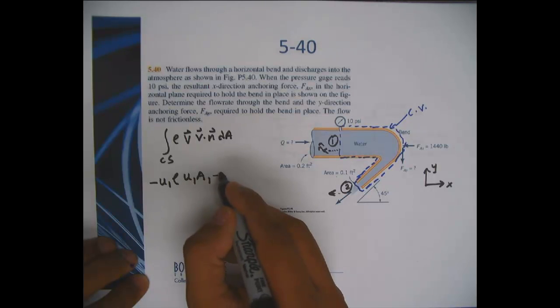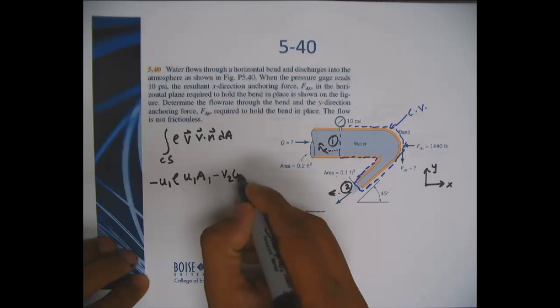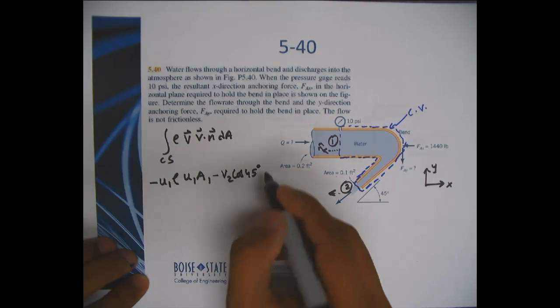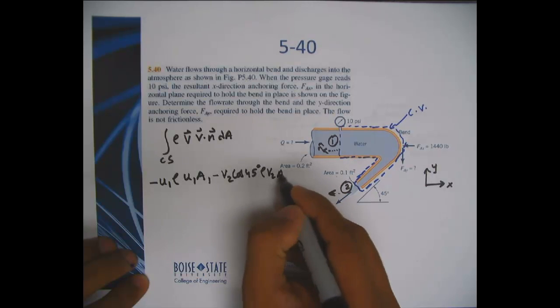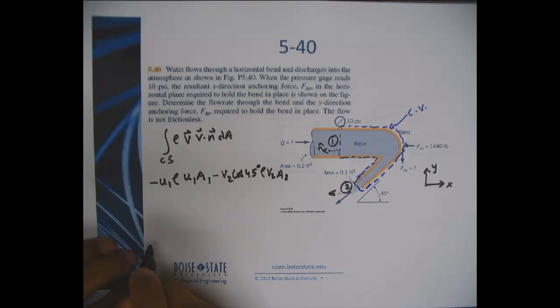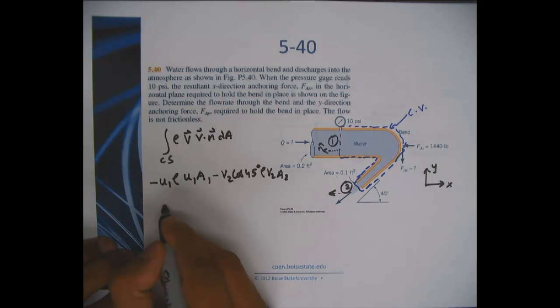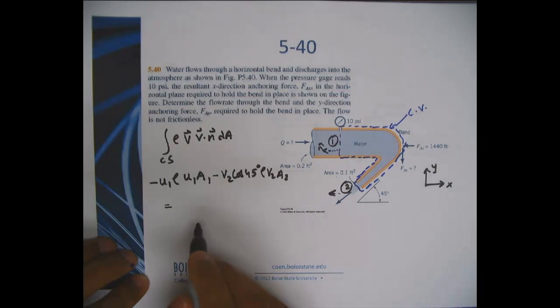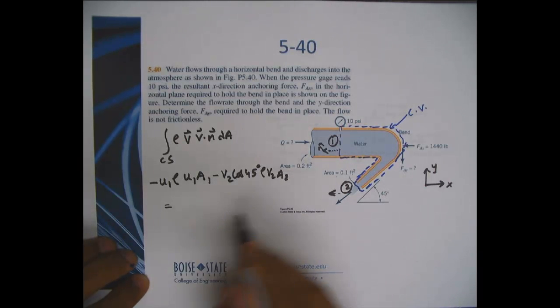However, we'll still end up with minus v2 cos 45, rho v2 a2, and I can write this equal to the sum of the external forces acting on the control volume.